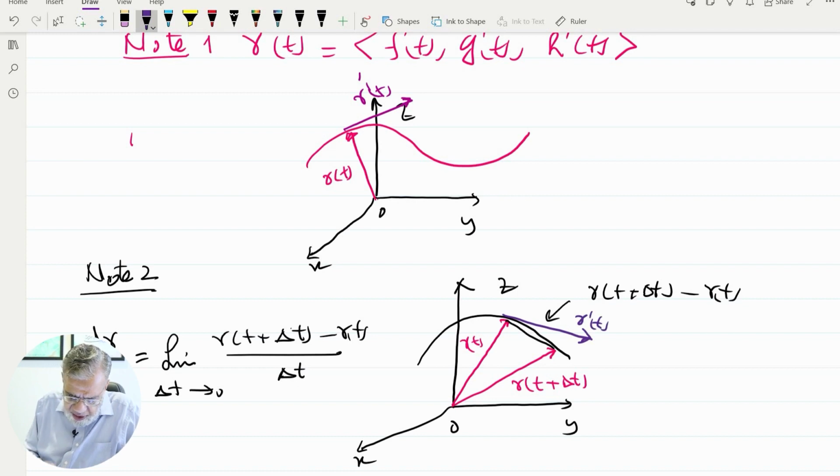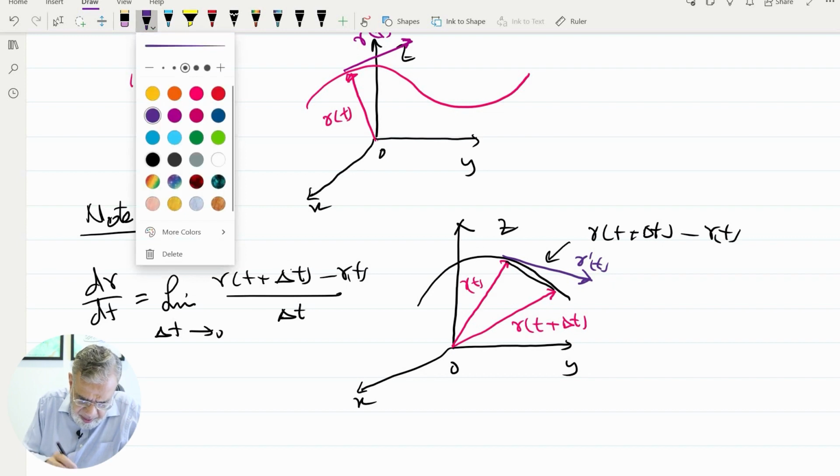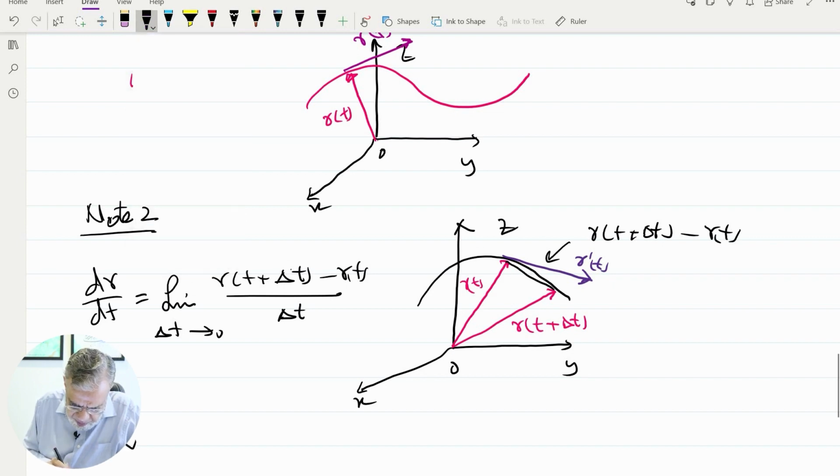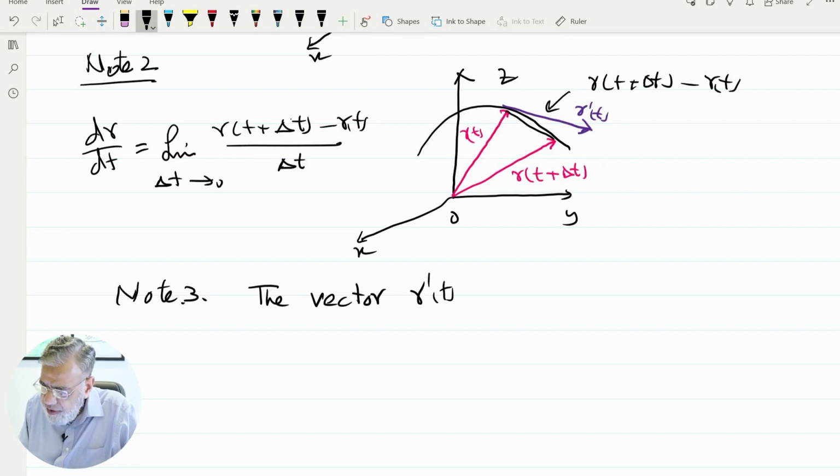Then for r dash of t, we say, note 3: the vector r dash of t is called the tangent vector.